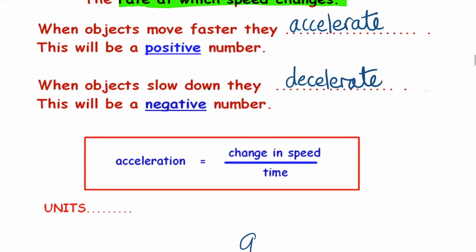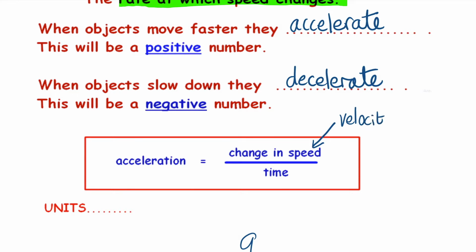Here's the equation. Don't get put off if you sometimes see speed instead of velocity. I showed you at the front of this booklet, and it'll be at the front of your exams, that it'll actually state acceleration is changing velocity over time.